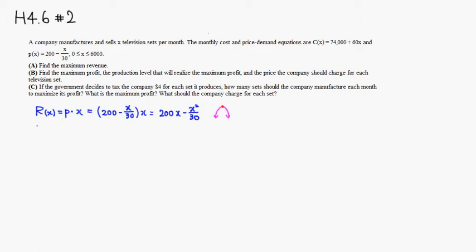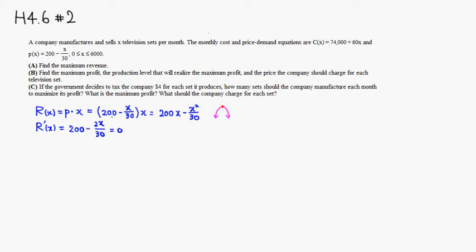Let's try to find that by taking a derivative. R prime of x is going to be 200 minus, over 30, negative 1 over 30, just a constant. The derivative of x squared is 2x. Then we set this equal to 0.